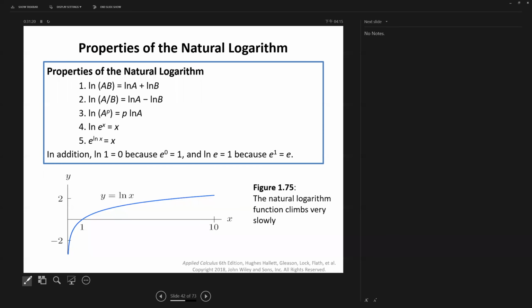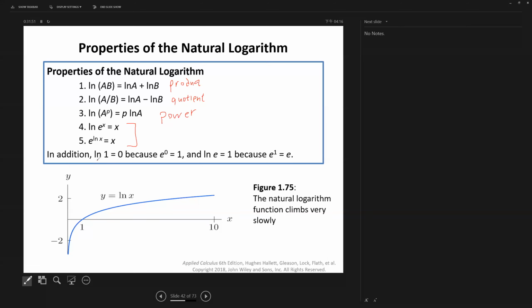All right, so here we have some properties of natural log. We have the product rule, the quotient rule, the power rule, and these two are the identities, or the natural log to exponential identities.